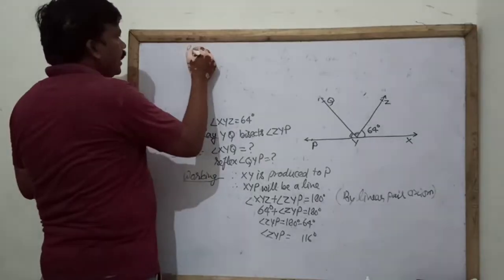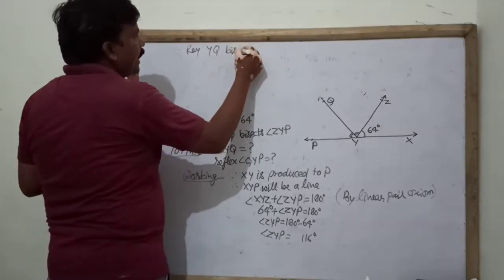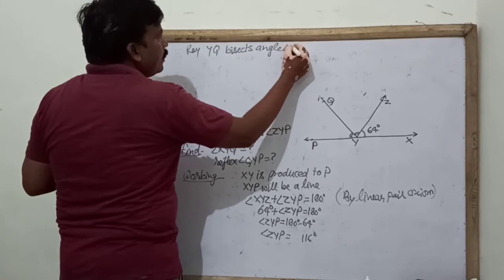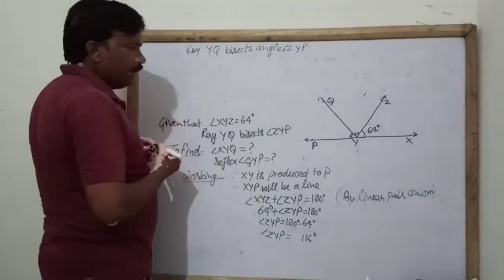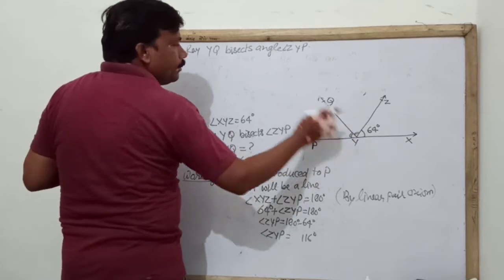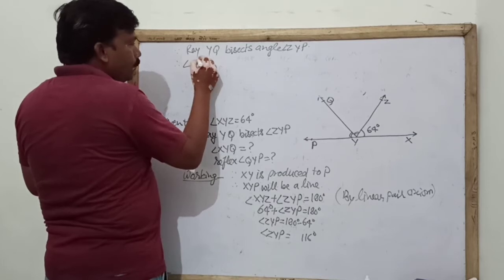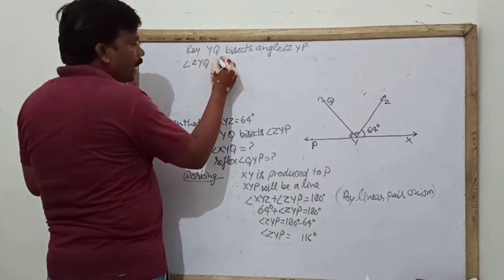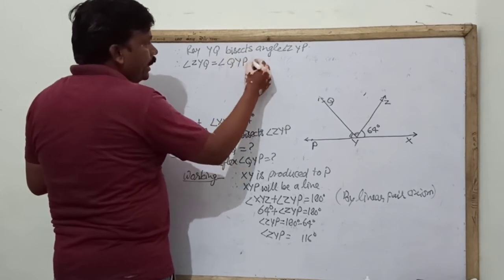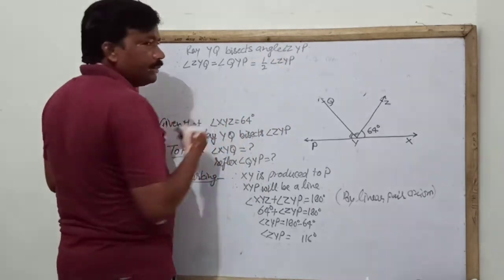Since ray YQ bisects angle ZYP, these two angles will be equal, so angle ZYQ equals angle QYP equals 1/2 angle ZYP.